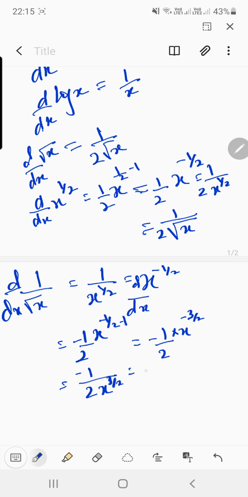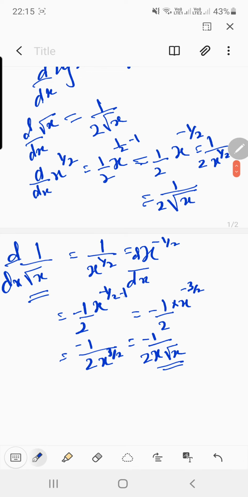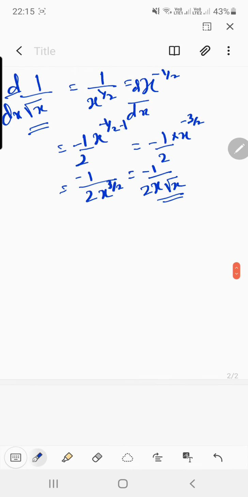Now x to the power of 3 by 2 can be written as x root x. So for the derivative of 1 upon root x, the answer is minus 1 upon 2 x root x, or minus 1 upon 2 x raised to 3 by 2.